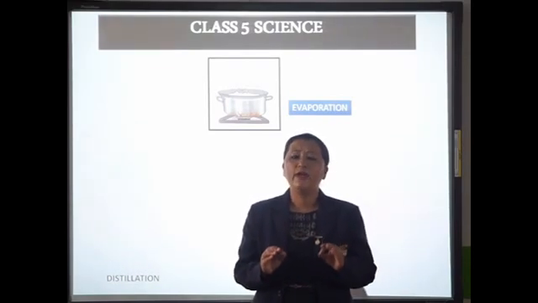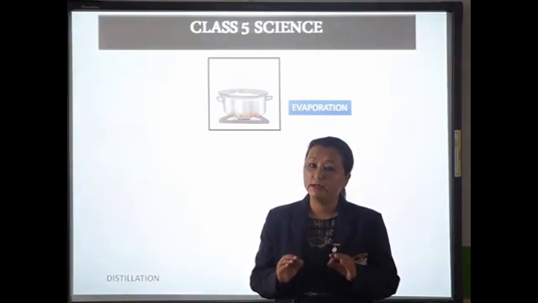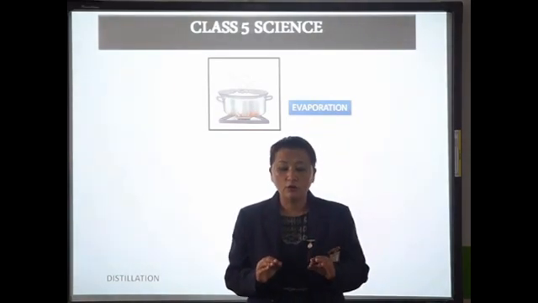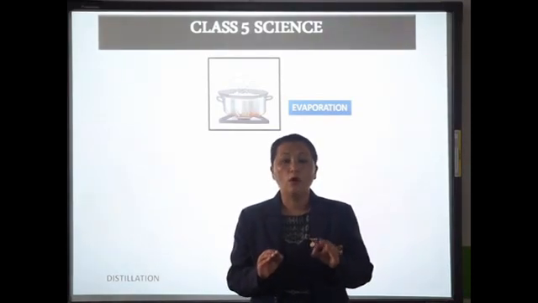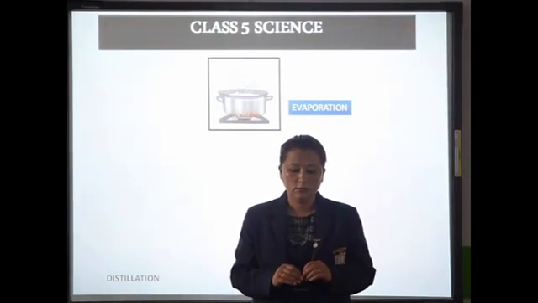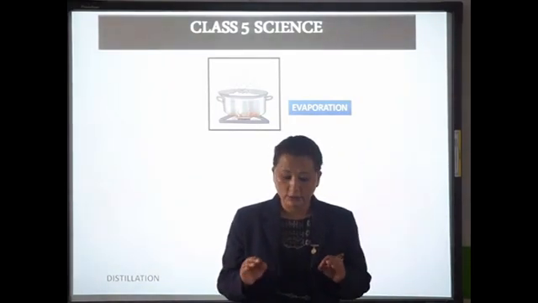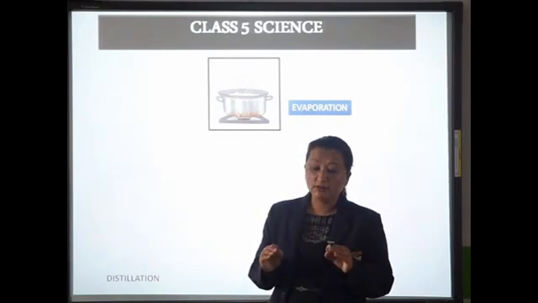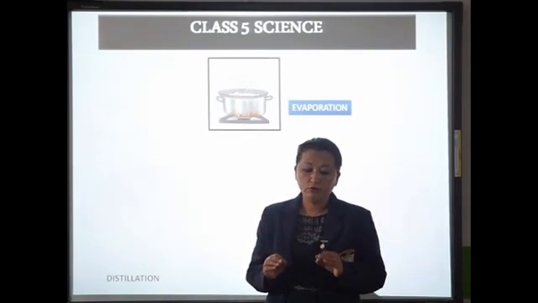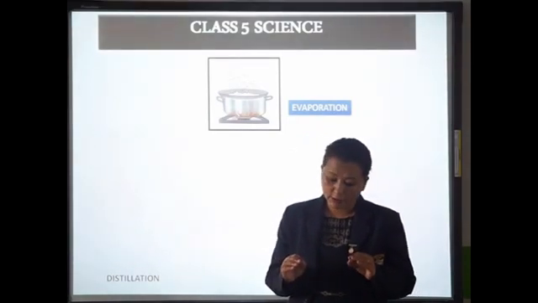Evaporation is a very simple method of separating soluble solids from salt water. So, you have some salty water, but what you need is just the salt. You can simply use the process of evaporation.